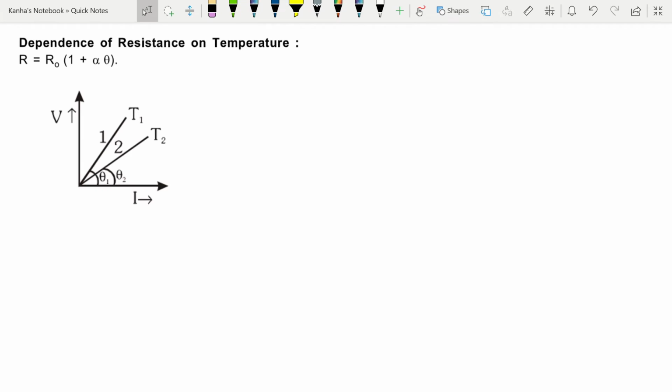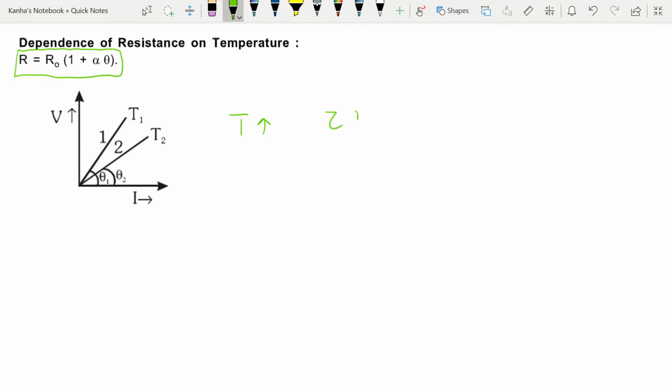Another quick point to note is the dependence of resistance on temperature. The resistance is given as R is equal to R naught into 1 plus alpha theta. What to take back from this is, if the temperature of the conductor goes up, the amplitude of the vibrations of the positive ions in the conductor also increases. Due to this, the free electrons inside the conductor will collide more frequently with the vibrating ions, and as a result the average relaxation time will decrease.